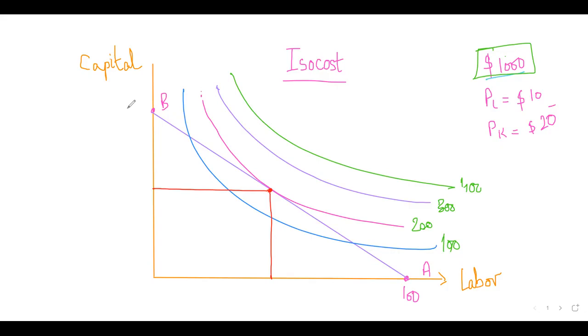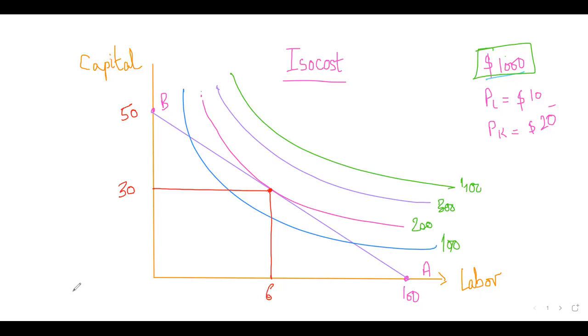So let's say the maximum you could have afforded was 50 units of capital and the maximum quantity of labor was 100. So you're, let's say, hiring 30 units of capital and, I don't know, 60 units of labor to produce this output.